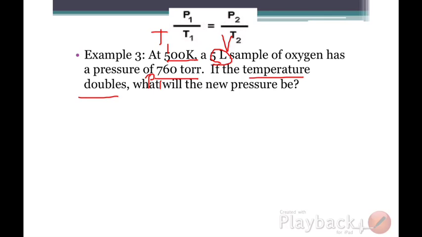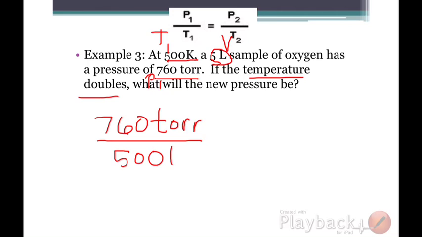Remember, torr is a unit of pressure. So 760 torr, that's P1. 500 K, that's Kelvin, T1. Okay, do we have a P2? No. It says, what will the new pressure be? So that's got to be our P2, the unknown.